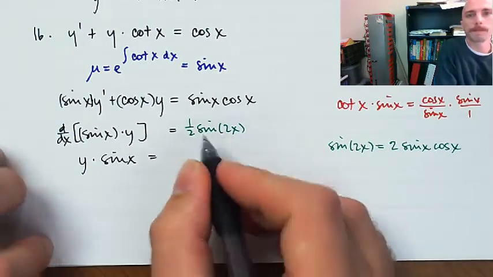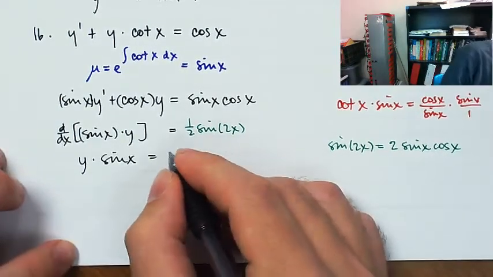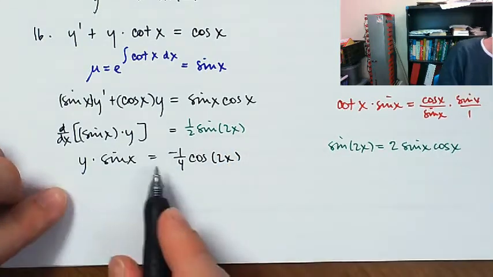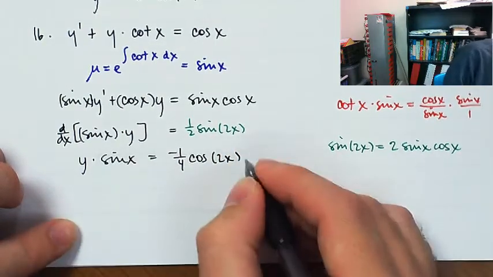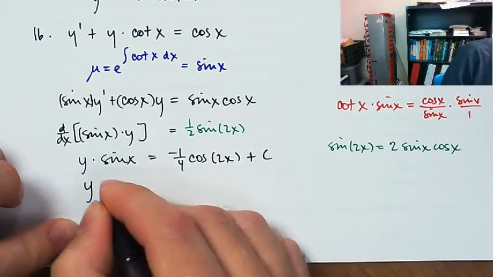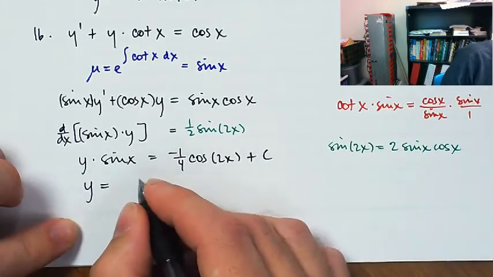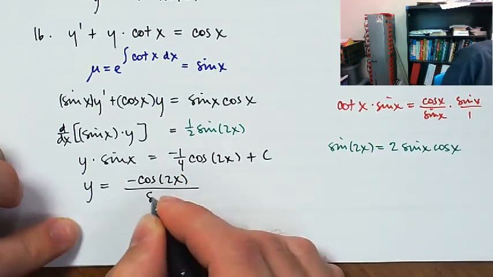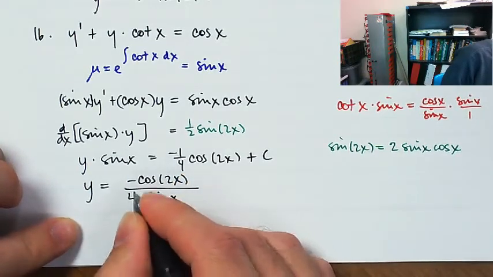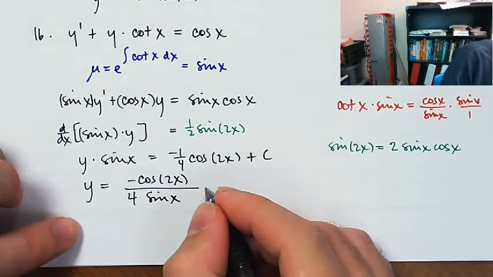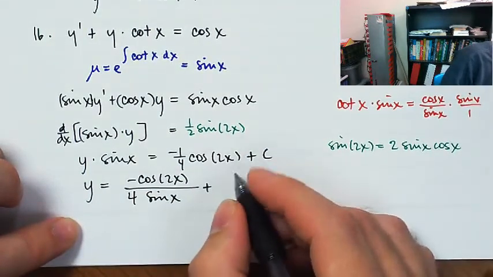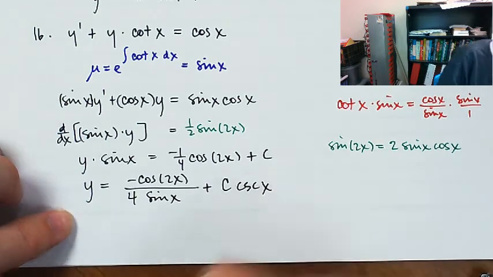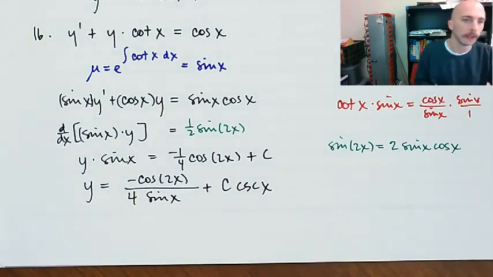Equals negative 1/4 cosine 2x, and then I'll have plus c. y is going to equal negative cosine of 2x divided by sine of 1x, and a 4 in the denominator, I almost forgot that, plus c divided by sine x, maybe I'll call that c cosecant x, something to that effect.